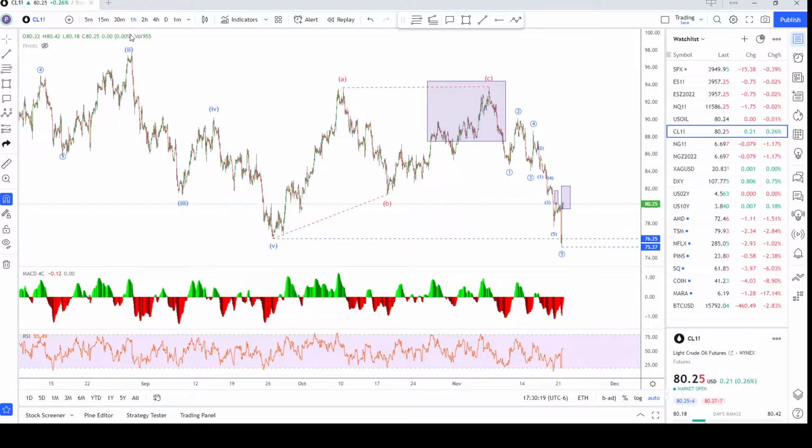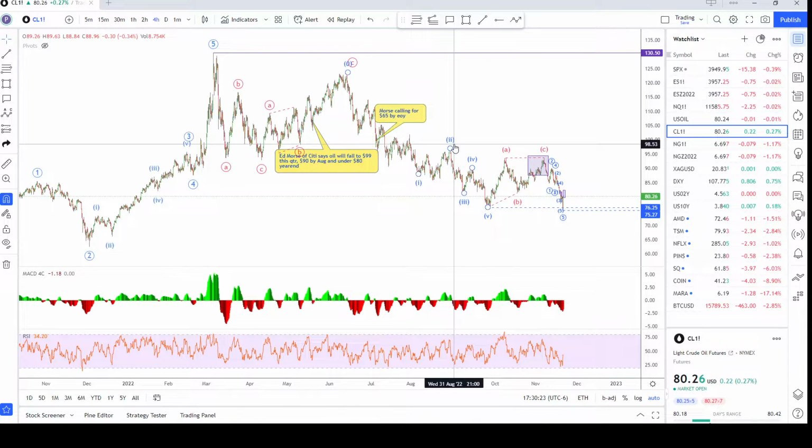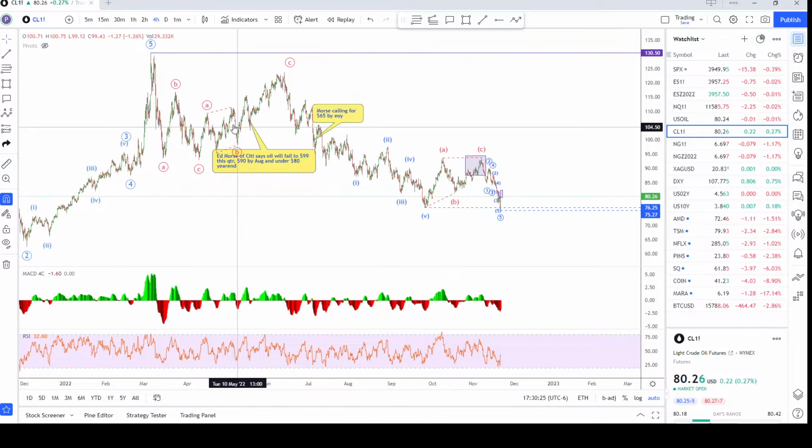So if I really zoom out here, so now what I'm seeing, we had off of that March high, we had an ABC down, ABC up, had that leading diagonal, ABC. So here's a 1, 2, and now we could be done with 3. So this could be another ABC.